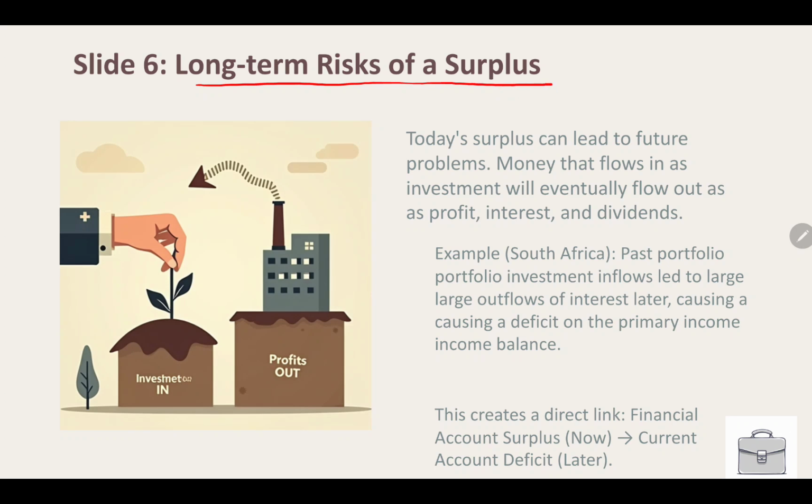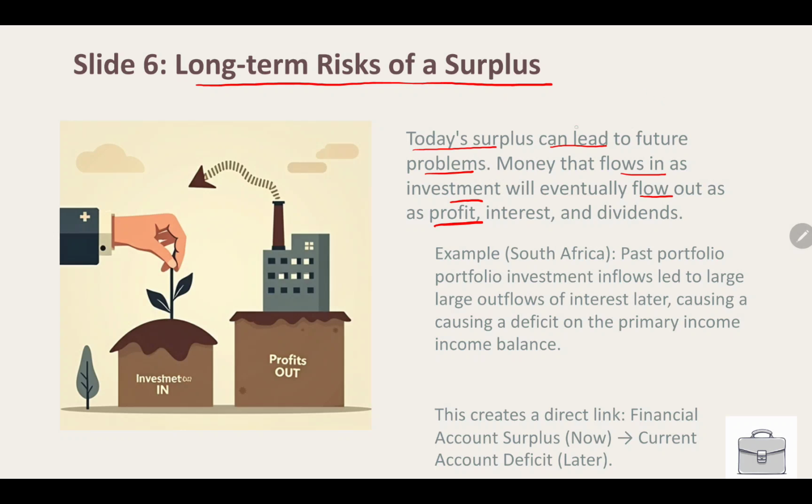Long term risk of surplus. The question is, is a financial account surplus always good for the economy? Let's see. Today's surplus can lead to future problems. How? Money that flows in as an investment will eventually flow out as profit. It is called a hole in the bucket, a leakage in the bucket.